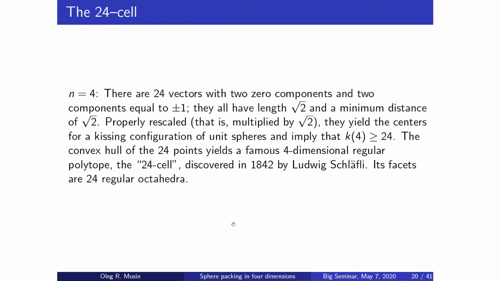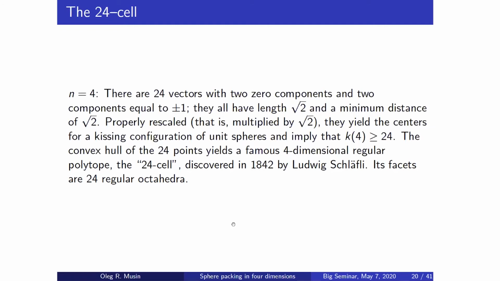First of all, let us consider the 24-cell. The 24-cell is one of 6 regular polytopes in dimension 4. In dimension 3 we have 5 Platonic solids, and in dimension 4 we have 6. One of them is very interesting. It's called the 24-cell.